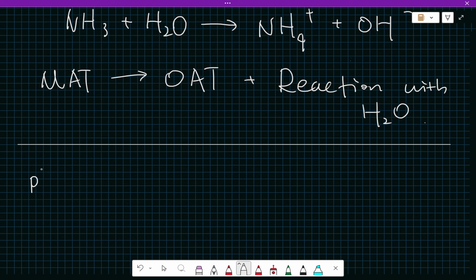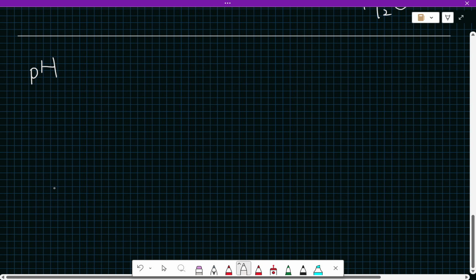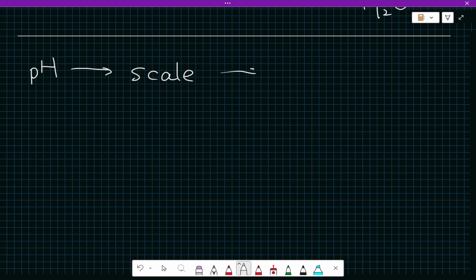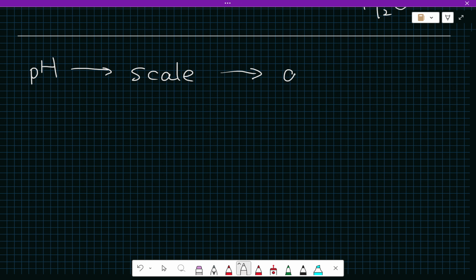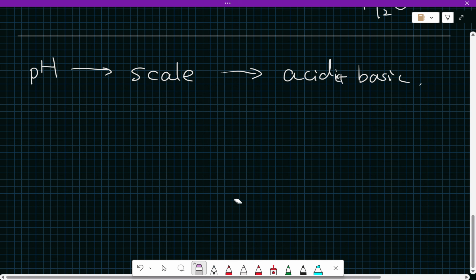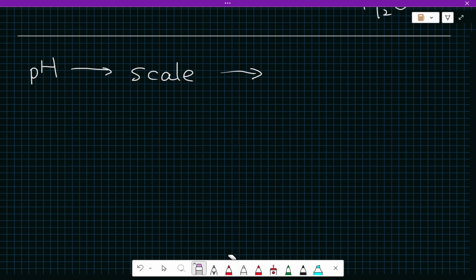And now we are going to talk about pH. So when we think about pH, we usually look at it as a scale on which the extent to which an acid is acidic or a base is basic is measured. So how does this work?